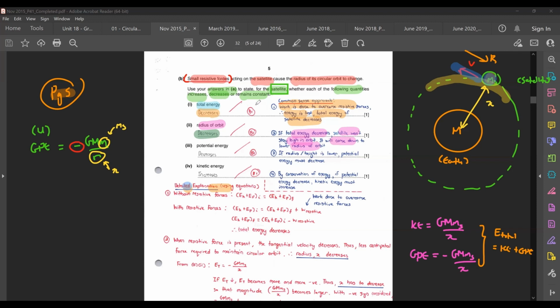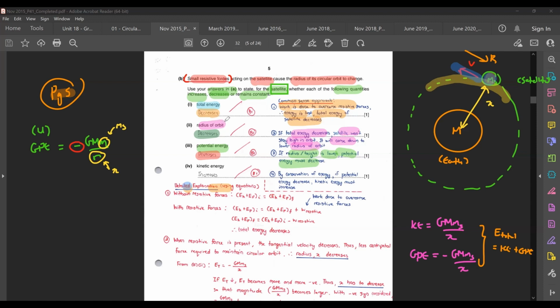And then after that, if you look at part 3, what happens to the GPE of the satellite? Because you can now think that if your radius or your height is lower now, your potential energy must decrease. Because last time what you learned in AS was that the higher your object is, the more GPE, right? And the lower an object is, the lower is GPE. So you can apply that same concept here. Your satellite is at a lower radius of orbit now, at a lower height.